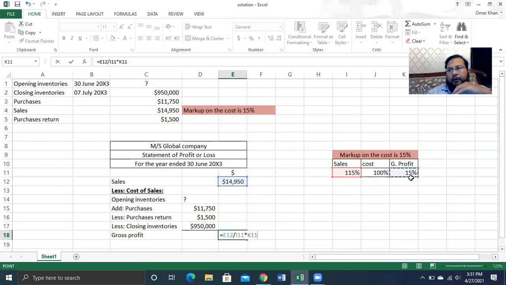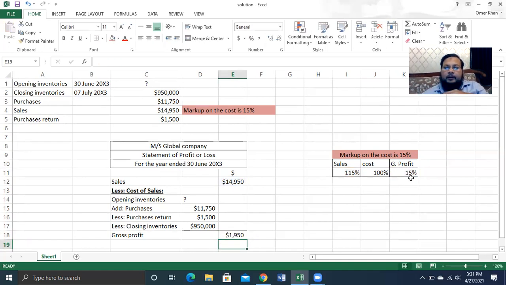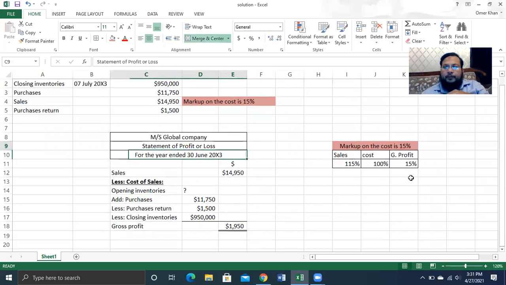I repeat it again, but you can also rewind the video and understand the concept again. So how am I calculating the gross profit? I am taking the value, which is 14,950. I will divide it by the percentage of the sales, because I'm taking the value of the sales, and I will multiply it with the gross profit percentage, and that is how I will arrive at the gross profit.